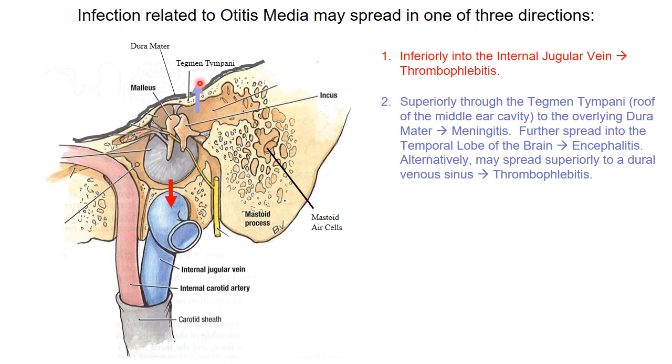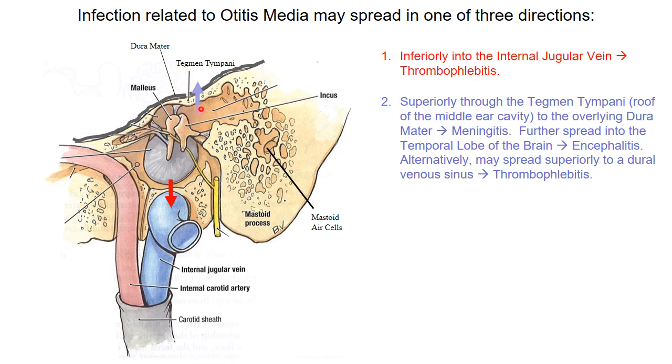If it eats its way through the dura mater and arachnoid mater, the next thing it finds is the brain, and that can even progress to encephalitis. There have been cases of unaddressed middle ear infections that progressed to an infection of the temporal lobe of the brain. You can actually get an abscess inside the temporal lobe, which obviously is quite serious.